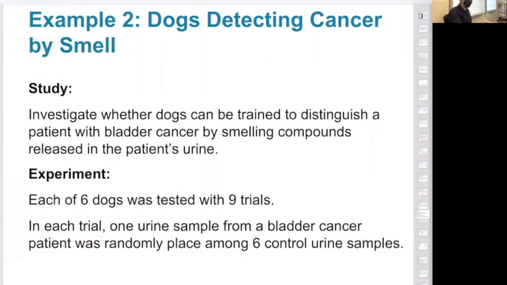In each trial, one urine sample from a bladder cancer patient was randomly placed among 6 control urine samples. So the total is 7, right? And one of them is the correct sample. So the proportion we are talking about here is 1/7.